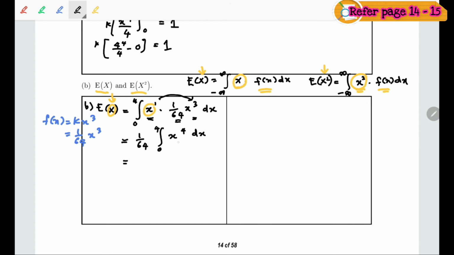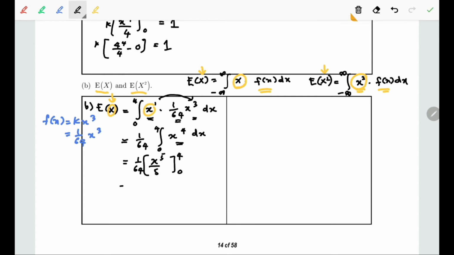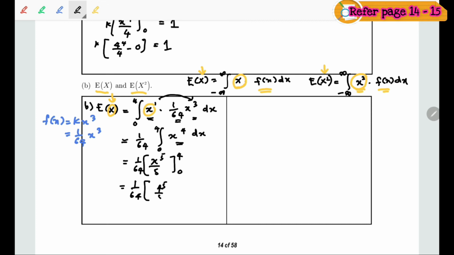Integrating x power 4 gives x power 5 over 5, with 1 over 64 outside, and the limit from 0 until 4. Substituting, 4 power of 5 over 5 minus 0. As a final answer, we get 16 over 5 for the expected value of x.